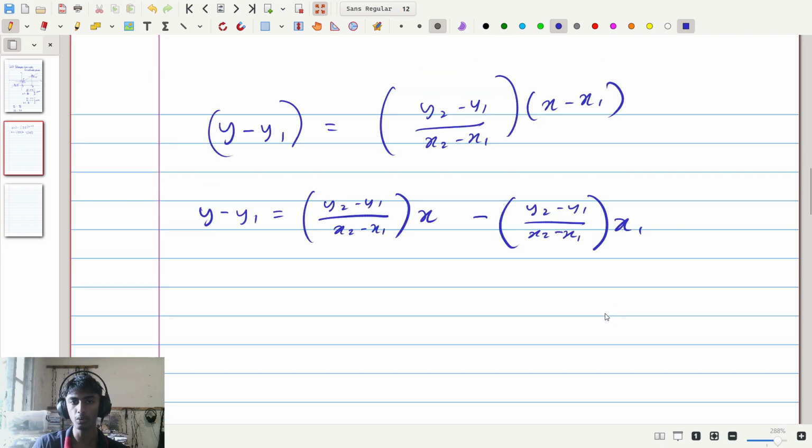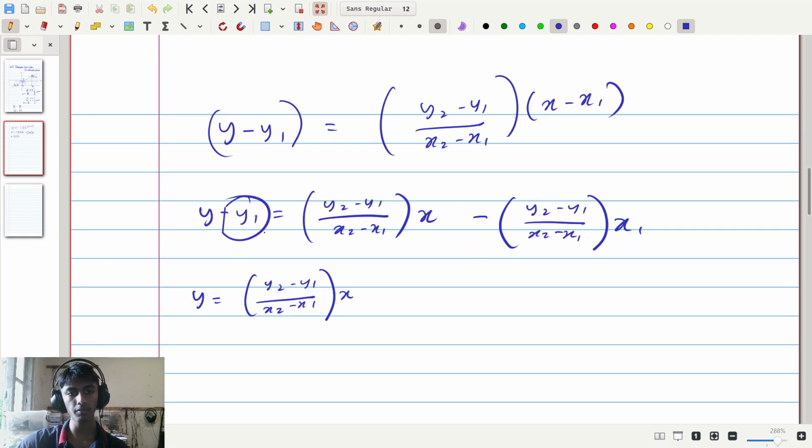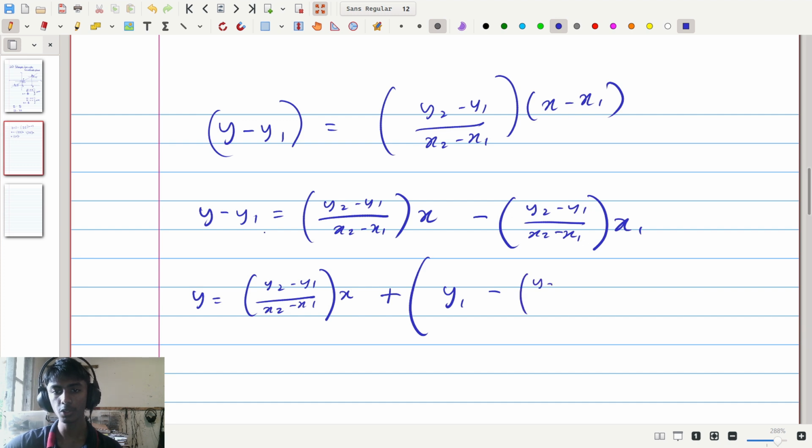And then we take this y1 to the other side and say that y is equal to y2 minus y1 divided by x2 minus x1 times x, and this whole part, this negative part and this y1 which comes to the other side, I'm going to take into one bracket and say plus y1 minus y2 minus y1 divided by x2 minus x1 times x1.